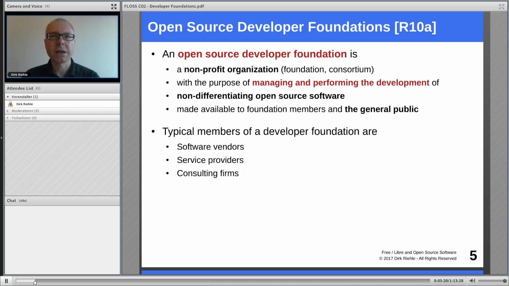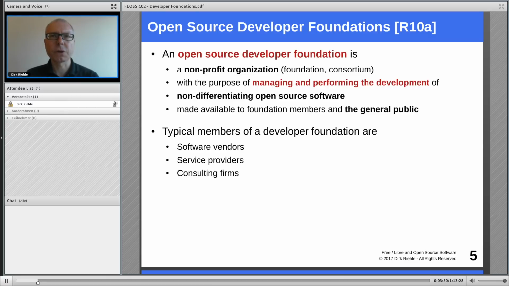So it's not just passively sitting by or just sponsoring. The members or the parties involved do actively engage in the development of the software. And it's open source software that is not differentiating, meaning many get to benefit from this software and hence it's not a competitive advantage in itself held by one particular company.